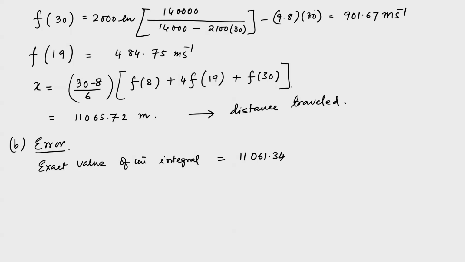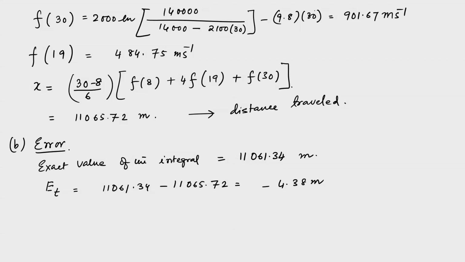So, in case you want to know the error, the error itself is 11061.34 minus 11065.72. So, this is minus 4.38 meters. This is very small, right. I mean 4.4 meters in some 11,000 meters is very small.